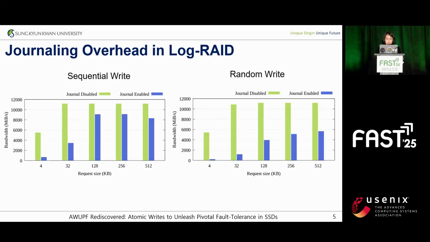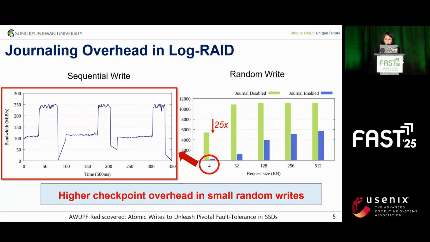However, when journaling is enabled, the performance overhead increases dramatically, by up to 25 times. This impact is particularly severe for small random writes. The reason is that during a checkpoint, random writes update multiple metadata pages, significantly increasing the number of metadata page writes. As a result, this leads to a much higher performance cost, making journaling a major bottleneck for log RAID.